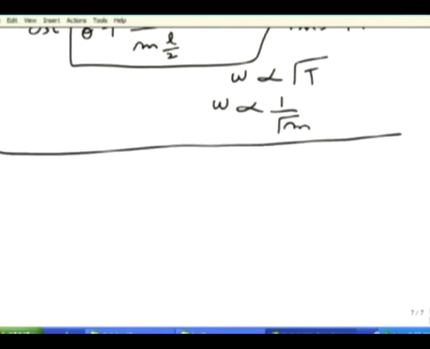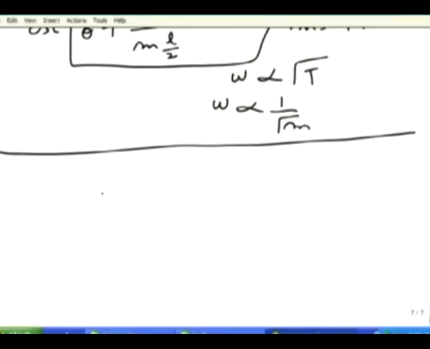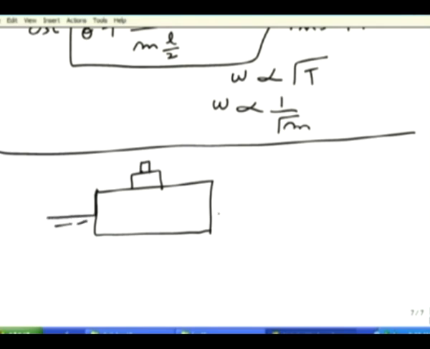Now, similarly, other cases are like this. The vibrations of the floating vessels. Assume some container or a ship which is like this, and it is in water.